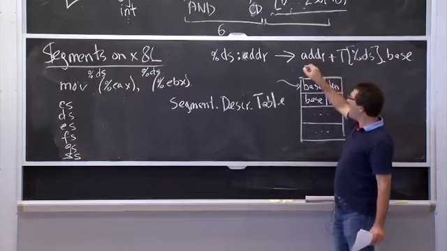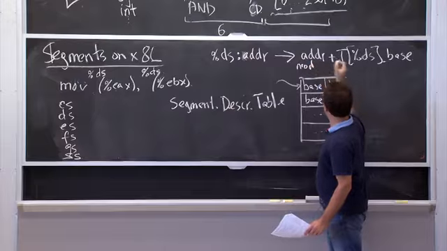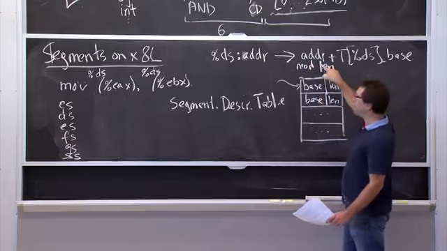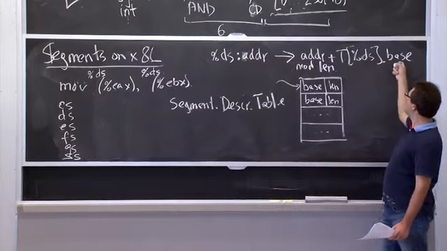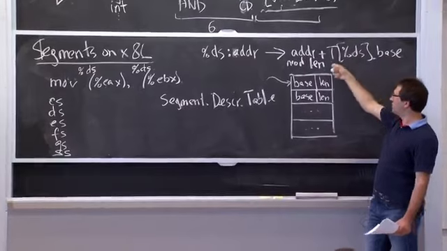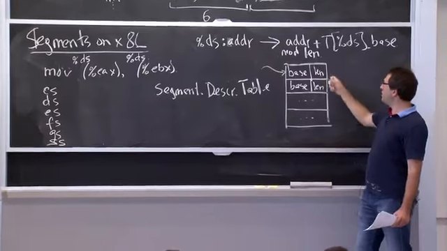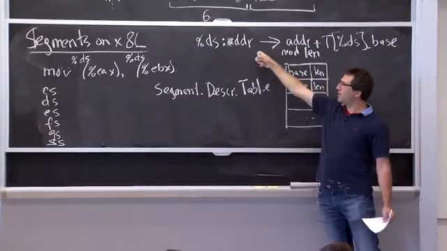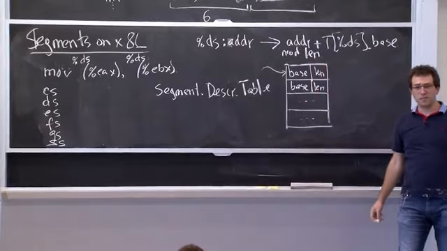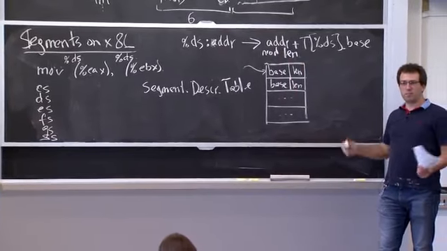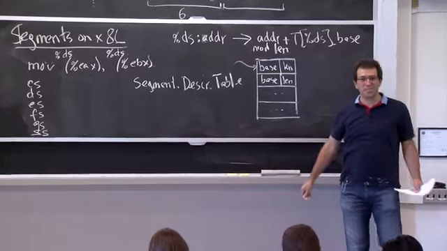And it'll actually take the address modulo the length from the same table. So whenever you're doing a memory access, it's going to add the base of your segment descriptor table entry, and take the address that you're specifying and mod it with the length of the corresponding segment. Does this make sense? It's a little Baroque, but that's what the hardware gives us.